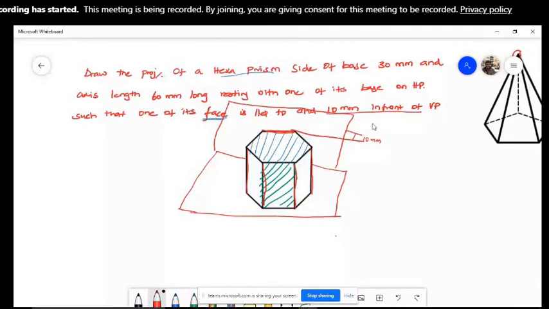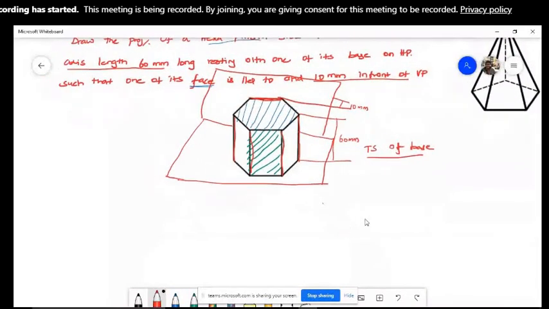So here you need to see the true shape of the base. You need to start with the view where the true shape of the base is visible. And apart from that, there is one more terminology, that is nothing but the axis length, which is nothing but the height of the prism. So the height of the prism is 60 mm. Okay. So let's start the problem.